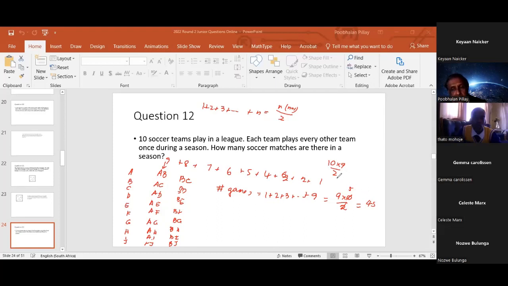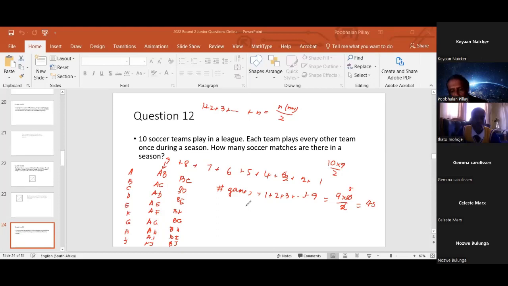Because the answer is 9 times 10. Actually, it's like choosing 2 teams. The problem is really, how many ways can you choose 2 teams from 10? Because what we are doing is choosing all the possible pairs of teams to create a match. Every team has to play every other team, so you pick all the possible pairs.